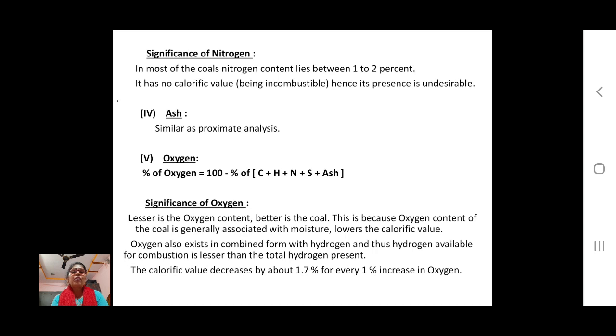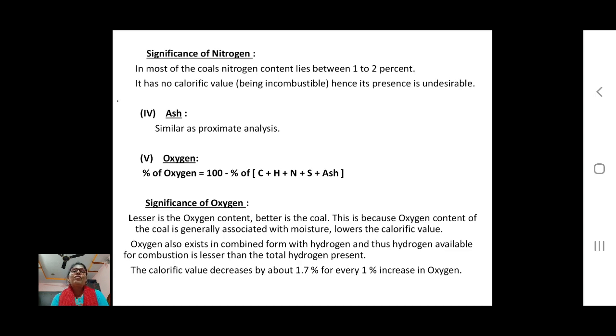So it is calculated in the similar manner as proximate analysis. Now the next, oxygen. So how is the percentage of oxygen calculated? Percentage of oxygen is calculated, all the contents we have found out in percentage, so 100 minus percentage of carbon, hydrogen, nitrogen, sulfur as well as ash.